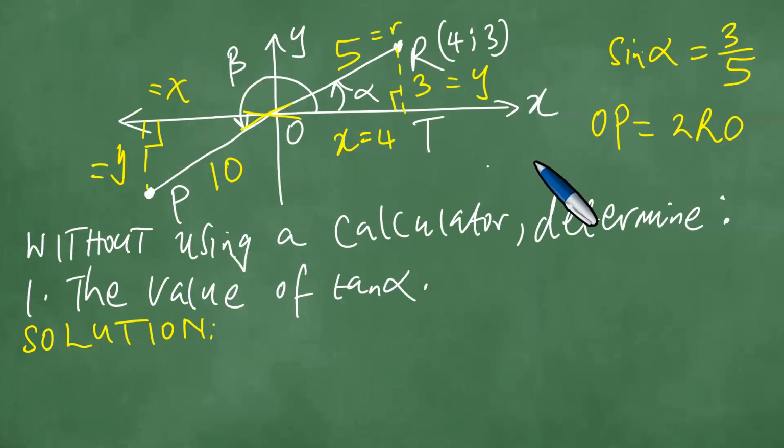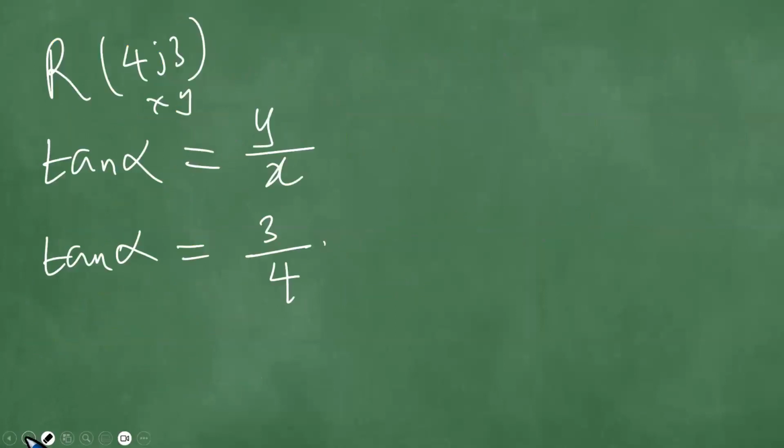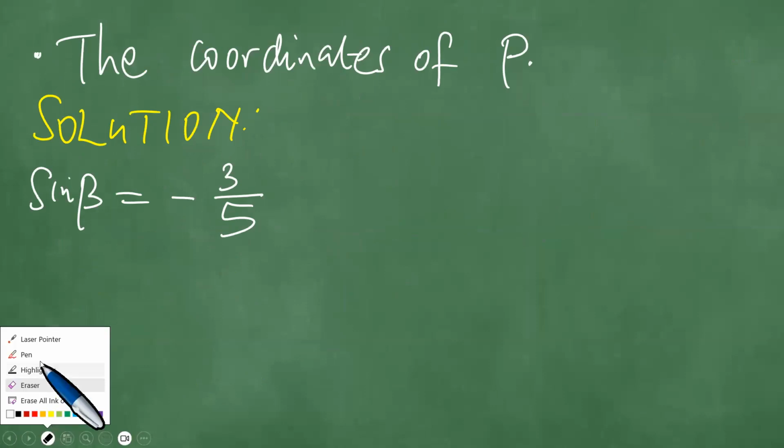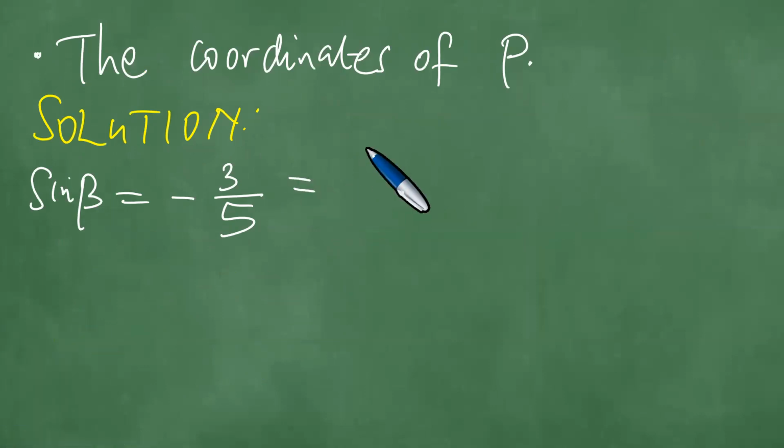If the sine of beta is negative 3 out of 5, we can also use what we know here, like this angle. The sine of beta here is also opposite over hypotenuse, which is y out of 10, because this is still beta. So this is also y out of 10.